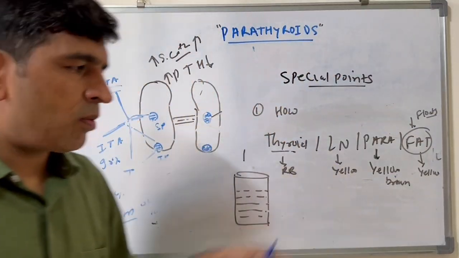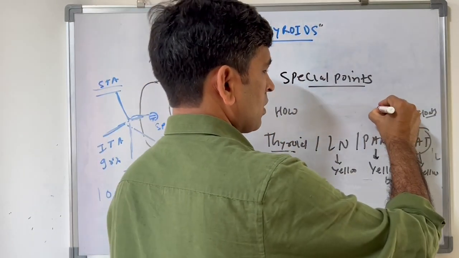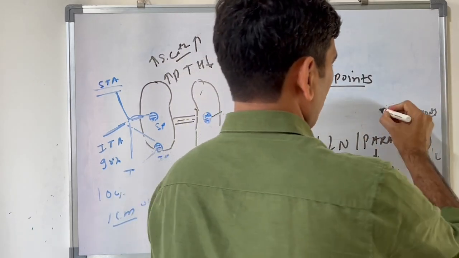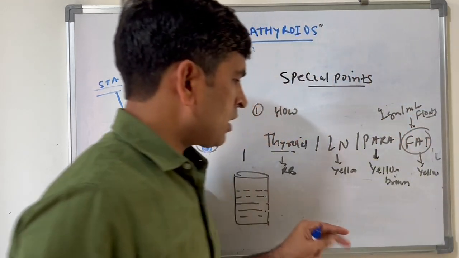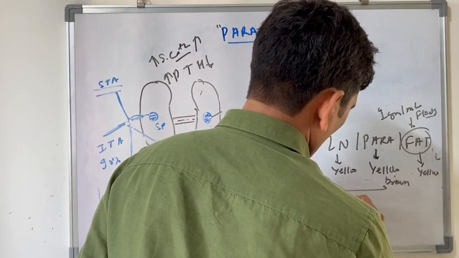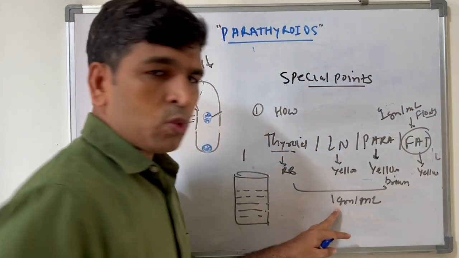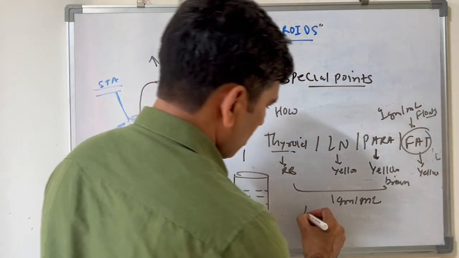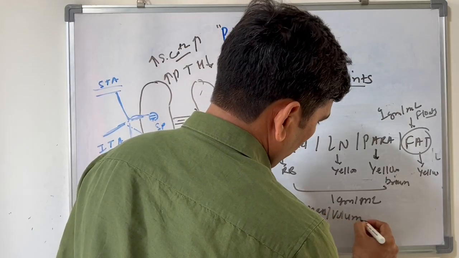The rest will sink, because the density of fat is less than 1 gram per ml, while these three have density more than 1 gram per ml. Because what is density? Density is mass divided by volume.